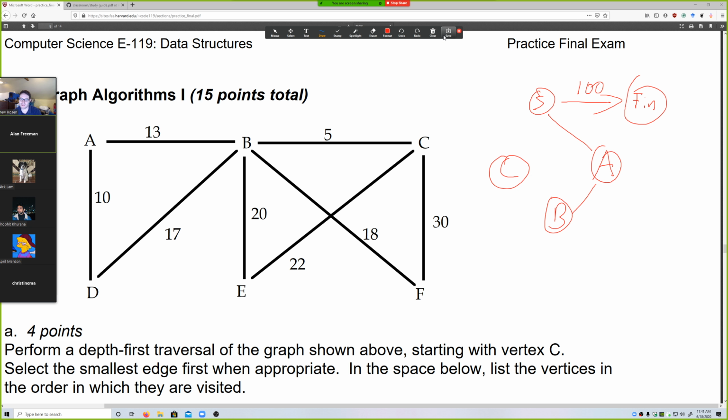Actually, we don't need C. Let's see. 1, 1, minus 3.